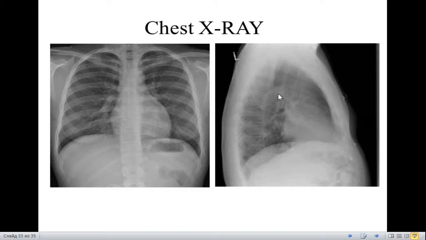Here you can see the arc of aorta, here you can see the heart shadow. All this you will have to know how to identify, this or that structure. So lungs can be visible here.